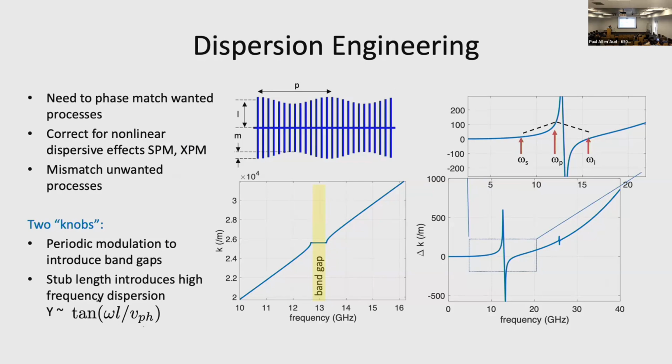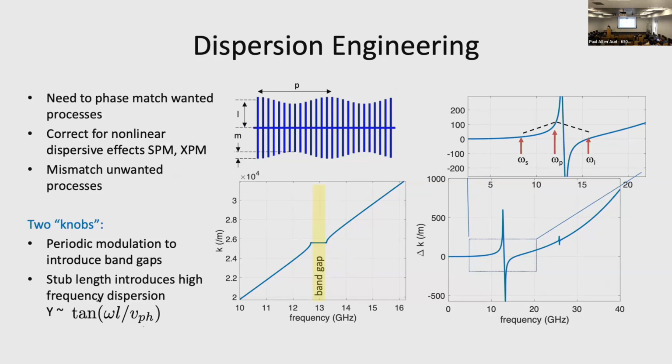When I say phase match, we need to try to maintain a certain phase relation between the different tones, pump, signal and idler tone, as they propagate down the transmission line. And that requires a certain relationship between the propagation constant at the frequency of those different tones.